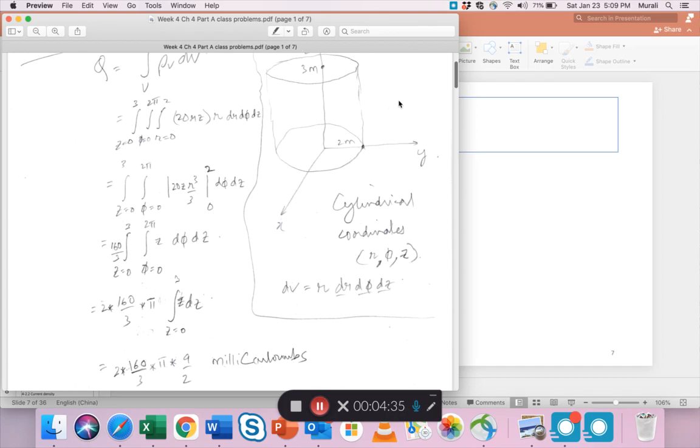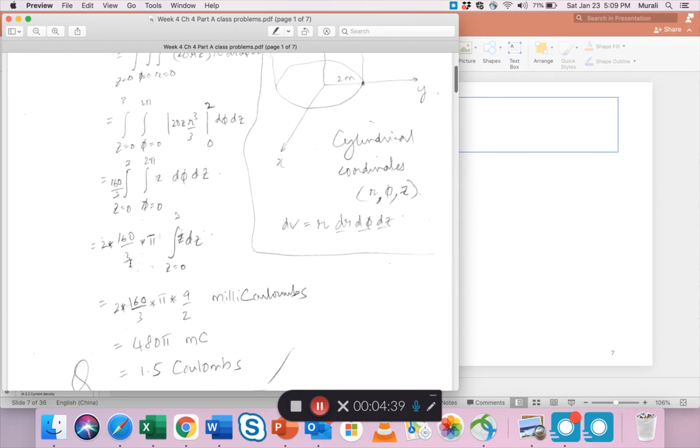So the total charge on that cylinder based on the integration, and you can follow along the steps. I do the integration of the inside with just the r first, then once I have that, then I do it just with the phi next, and then there's a z that I probably forgot to write.